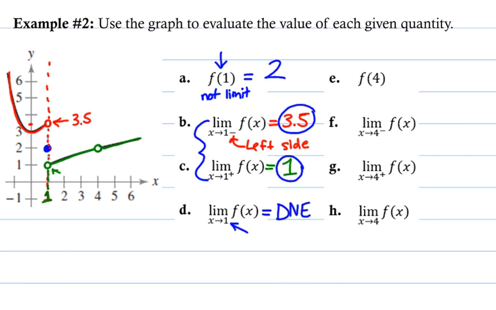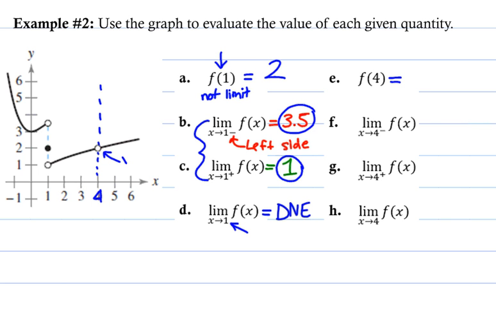All right, E. Before I start E, I'm just going to erase all of this stuff here, because I'm probably going to write some more. All right, E is f of 4. That means if I were to plug in 4, well, here's 4. What does my graph equal? And at 4, look at this.